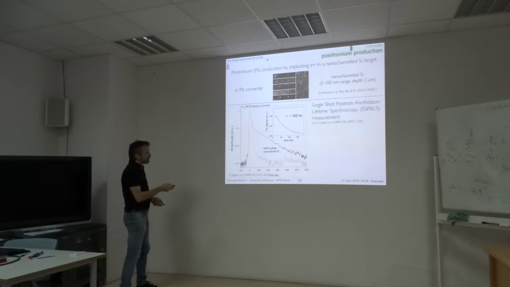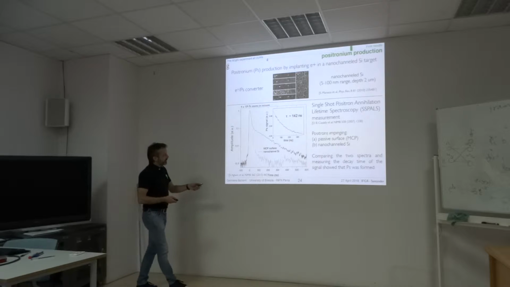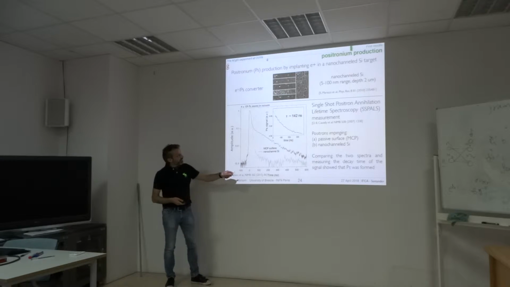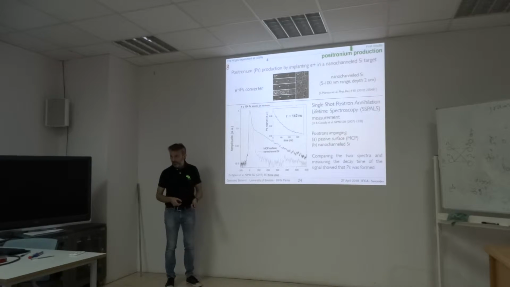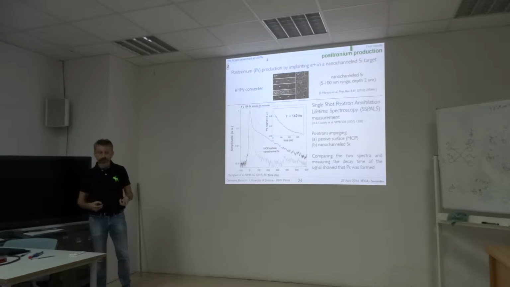We tested this system with a pulse measurement, and we did 2 measurements actually. We were hitting the positronium beam on a passive surface and on an active surface. And we were measuring the gammas that were coming out of the annihilation of the positrons.